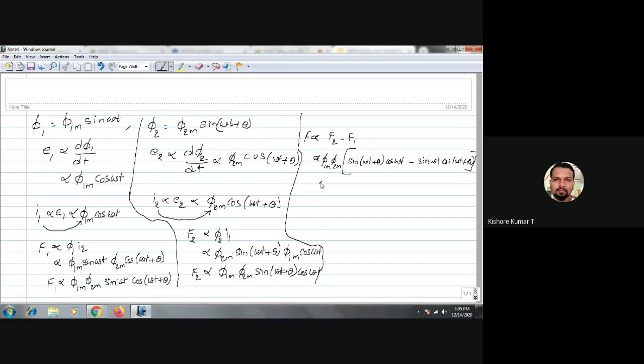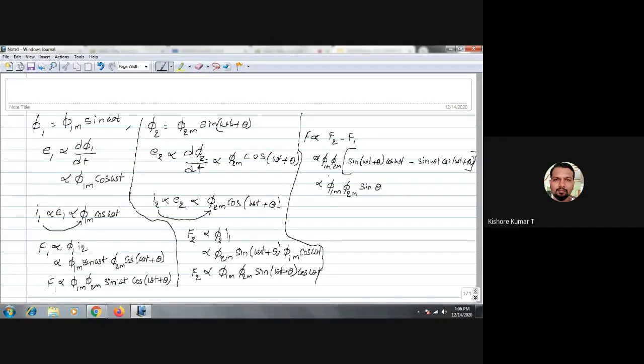So which is in the form of sin A cos B minus cos A sin B, which is sin A minus B. What do you get? Phi 1m, phi 2m sin theta. Omega t gets cancelled. You will get only sin theta.